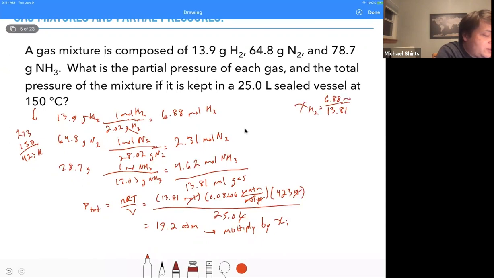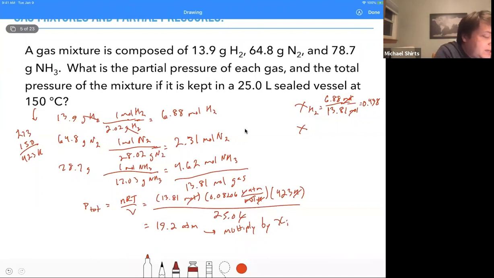These are both units of moles. Those cancel, and we get 0.498. You notice that there's the least hydrogen gas by mass of any of the components in the mixture, but in terms of mole fraction, hydrogen is essentially half the gas.